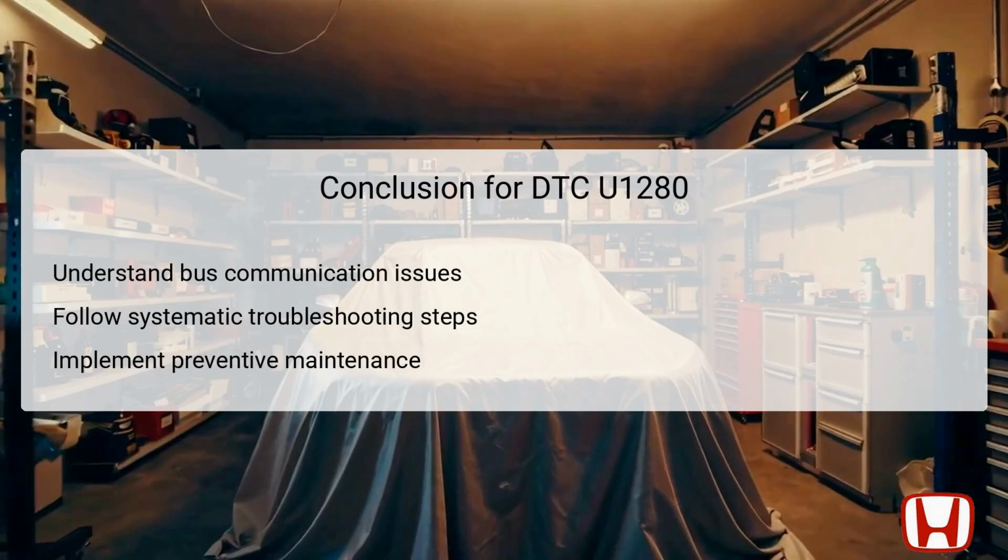By clearing DTCs, verifying connections, and checking each control unit, technicians can pinpoint the source of the communication fault efficiently. Lastly, implementing preventive maintenance practices can significantly reduce the recurrence of DTCs, ensuring the vehicle's reliability and longevity. Recognizing the importance of the communication bus within modern vehicles will enhance your ability to troubleshoot and maintain optimal functionality in the Honda Odyssey.